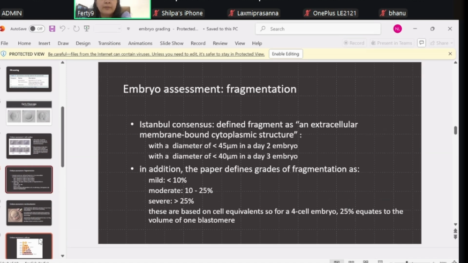Also, in some embryos the fragmentation is only in a localized region, say only between 1 or 2 blastomeres. In that case, we report it according to the grades of fragmentation: mild, where the percentage of fragmentation is less than 10%; moderate, 10 to 25%; severe, more than 25%.